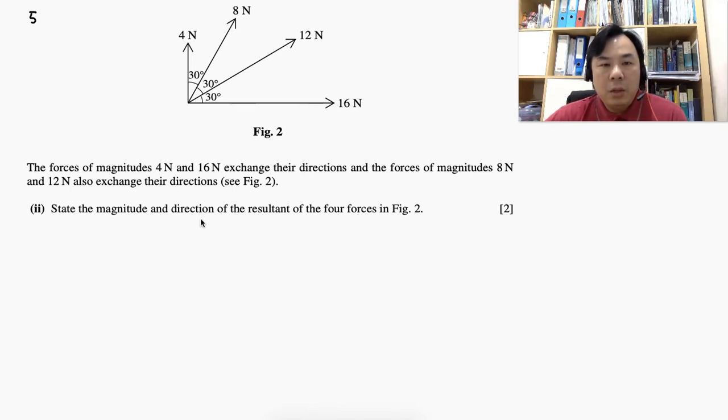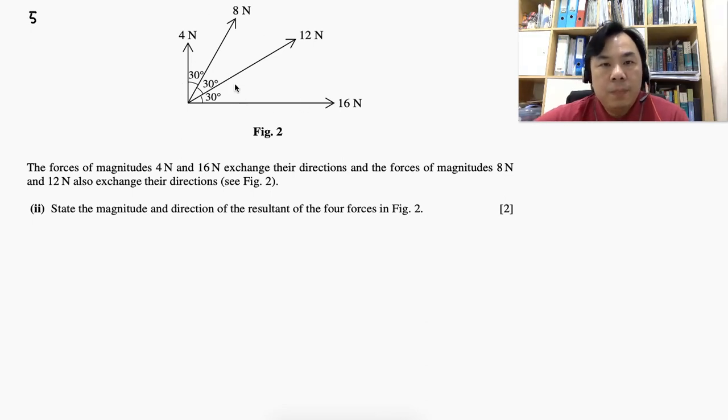State the magnitude and direction of the resultant force shown in figure number 2. Here I'll just use the vector method. The only thing that changes is that the 4 and the 16 have been interchanged, and the rest of the forces, 8 and 12, have also been interchanged here.